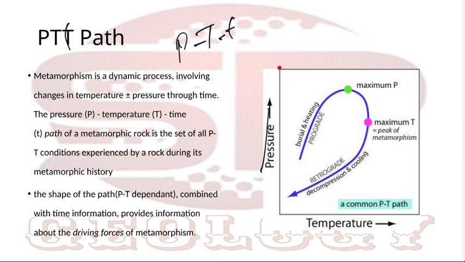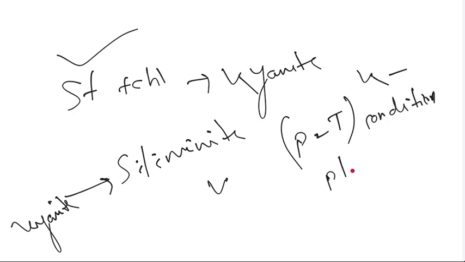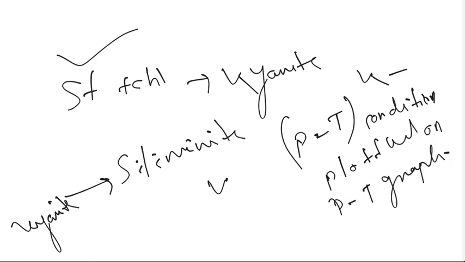This PTT path is a set of pressure and temperature conditions plotted on a PT graph.